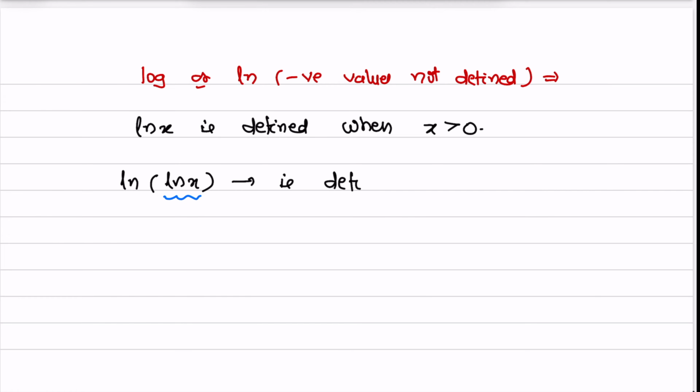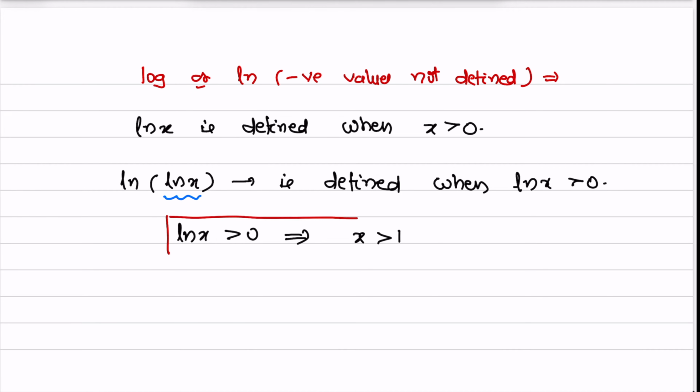Logarithm of logarithm x is defined when ln x is greater than 0. ln x greater than 0 means, to the base e, x is greater than e to the power of 0.